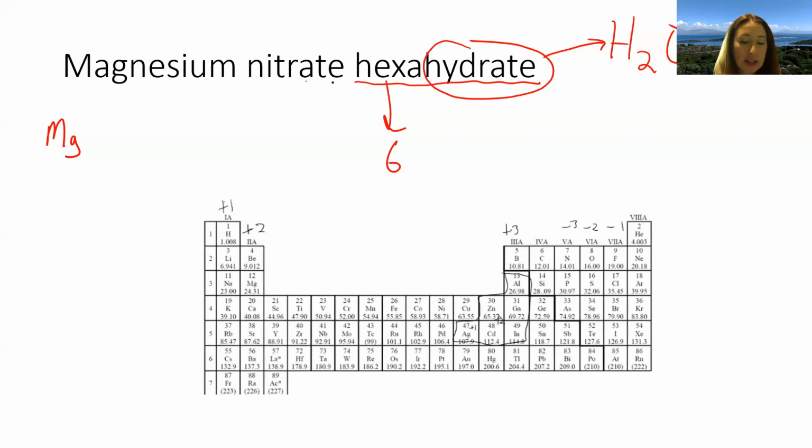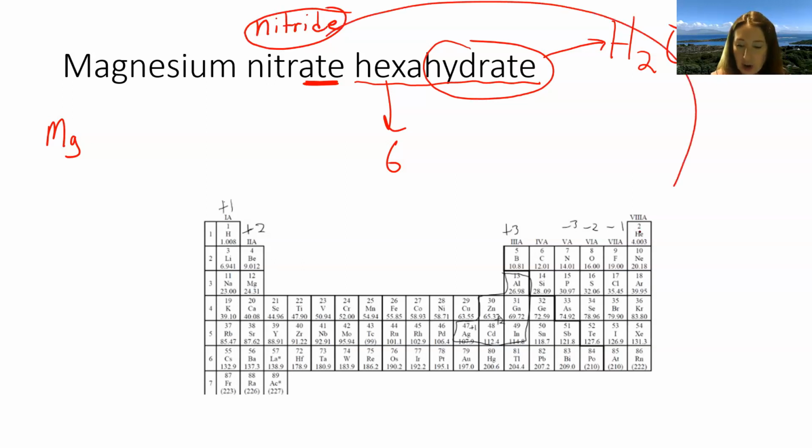Now nitrate, it does not have an IDE, right? It is not nitride. Nitride is on your periodic table. Nitrate is a polyatomic ion. Again, gotta memorize our polyatomic ions. It's NO3 minus 1. Gotta memorize that.